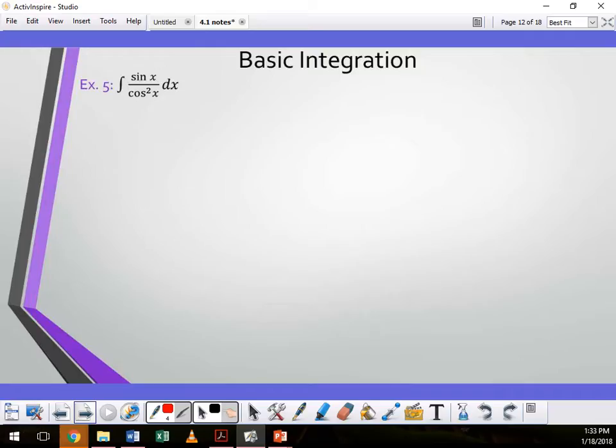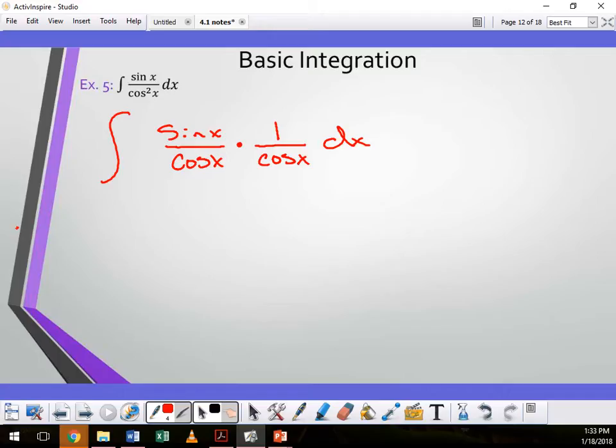Okay, I'm going to break apart what I have. 1 minus sine, integration of sine x over cosine x times 1 over cosine x dx. I did it like that on purpose.